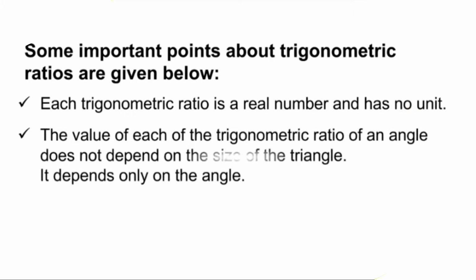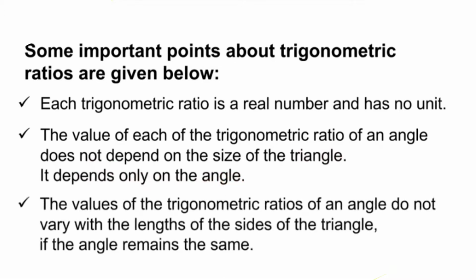Next, the value of each of the trigonometric ratio of an acute angle does not depend on the size of the triangle. It depends only on the acute angle. Next, the values of the trigonometric ratios of an angle do not vary with the length of the sides of the triangle if the angle remains the same.